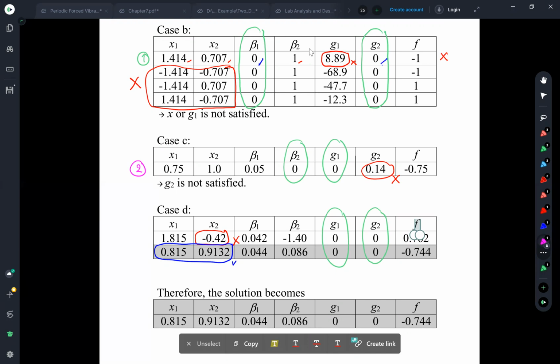No doubt, it's on the line, a linear function. How about G2? G2, we have 0.14. Unluckily, this G2 returns a little bit positive number. But this is not allowed by our inequality constraint. We try to constrain ourselves to a negative number for both G1 and G2, and therefore this is not allowed, right? For sure. It looks like x1 is equal to 0.75, x2 equal to 1.